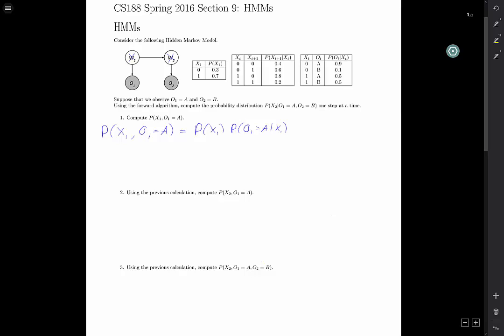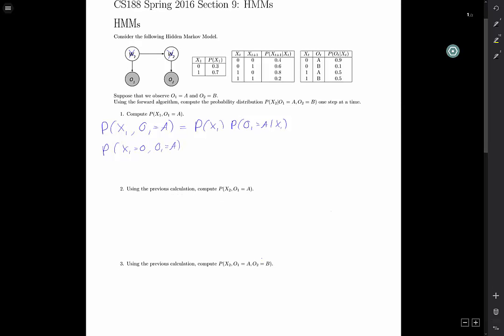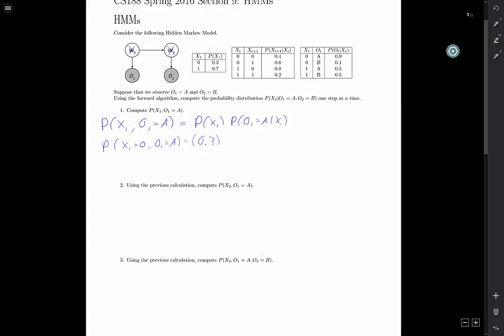So now we calculate for both values of x1. So probability that x1 equals 0, comma O1 equals A. So probability x1 is 0 is equal to 0.3. And probability O1 equals A given x1 equals 0 is 0.9, so that equals 0.27.